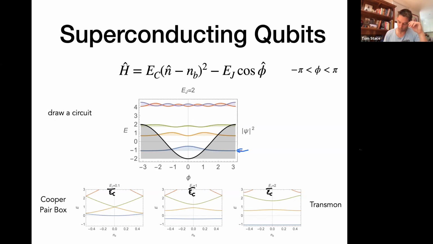That is, no matter where you put this parameter NB, the energy of these two states is hardly changing with respect to NB. And so in transmons, the two states corresponding to the lowest energy and the first excited state are the states that people think about encoding quantum information in.